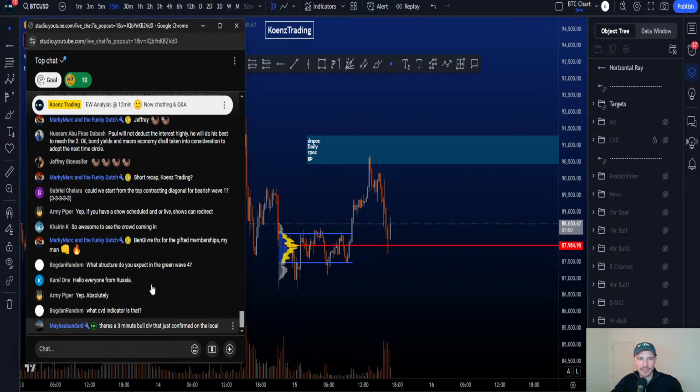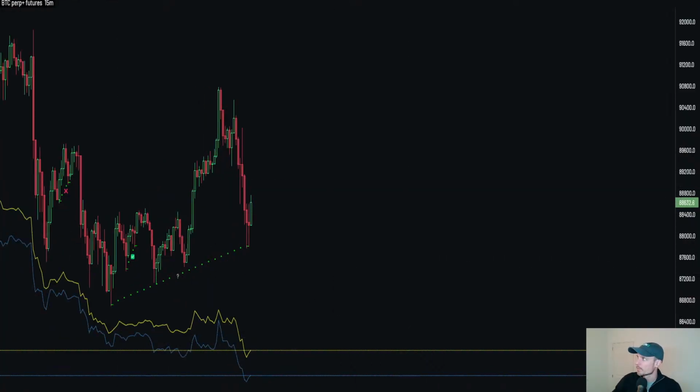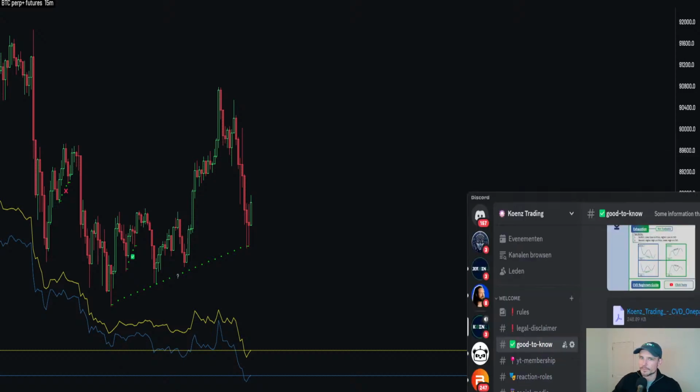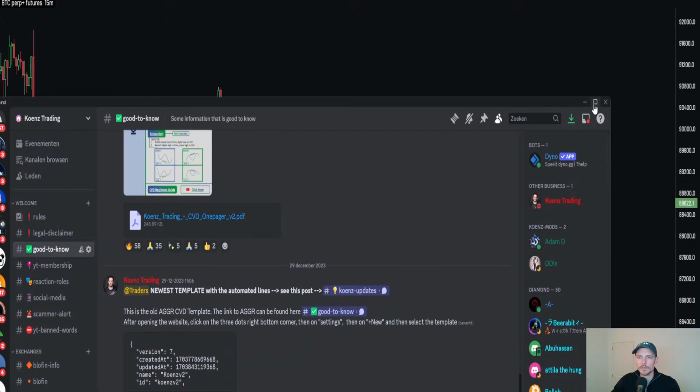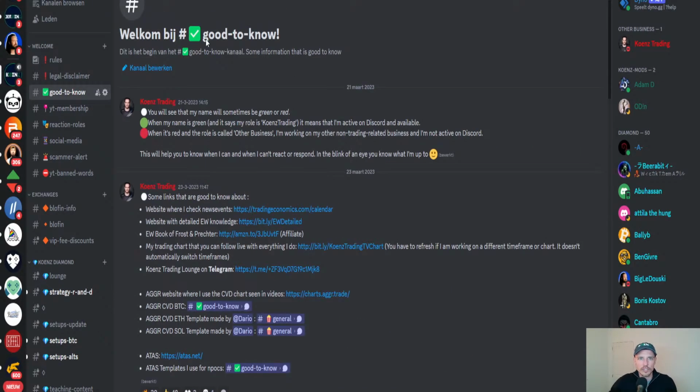The CVD indicator, by the way, Bogdan Random, is first of all on AGGR. That's the name of the platform, and the template that I use. If you go to Discord, it's the first link in the description. Go to the Good to Know channel.